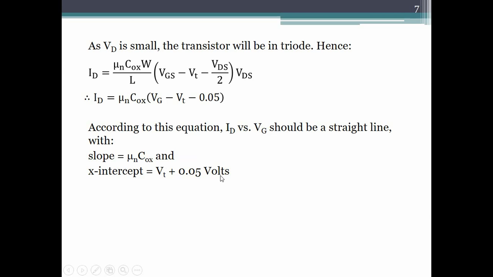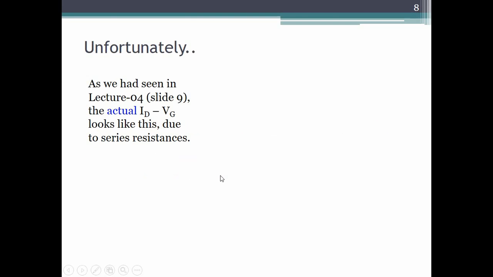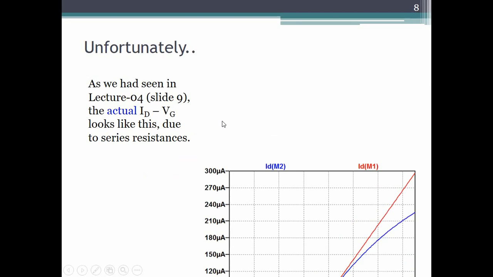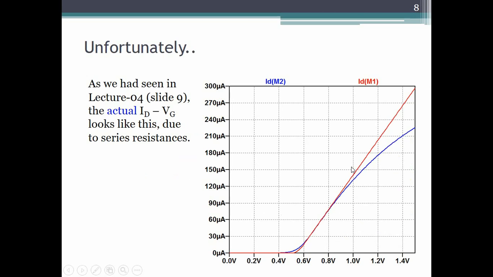Unfortunately, I'm sure you remember from lecture 4, slide 9, that the actual ID-VG does not look like a straight line. It actually bends over. The actual is the blue. It bends over due to series resistances, as we had briefly discussed. So when you do the simulation in LTspice, you will find that the curve looks like the blue curve, whose slope is constantly changing.